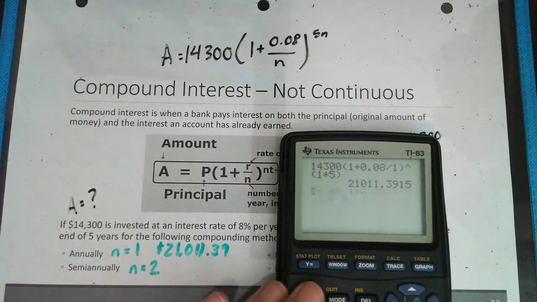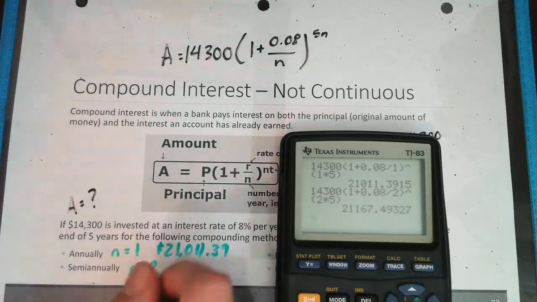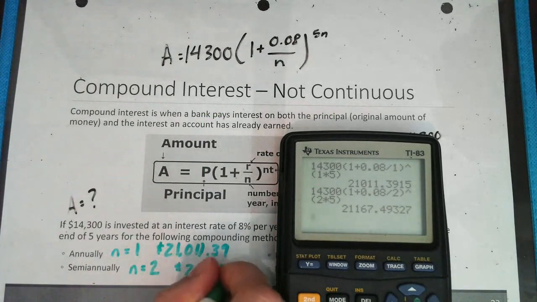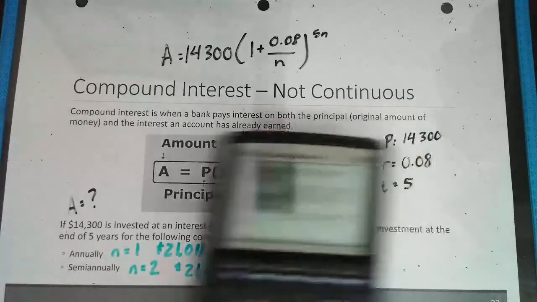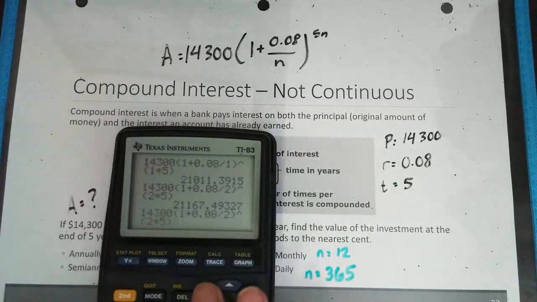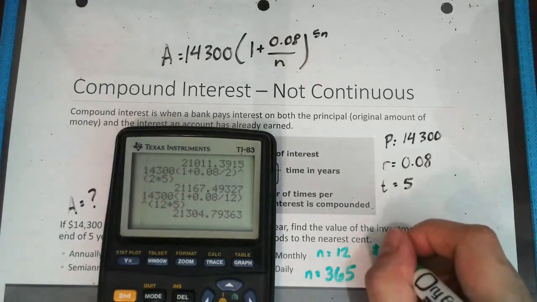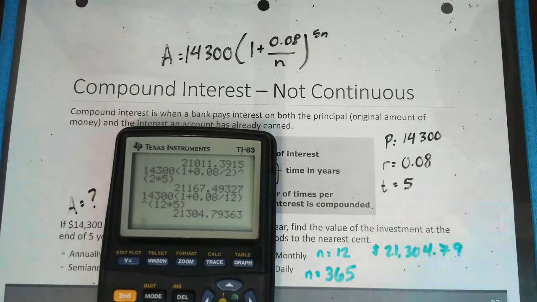I now want to type in the same thing, but my N value is now 2 because I'm doing semi-annually. That's going to give me $21,167.49. Monthly, I need to switch out my N value for 12. And that's going to give me $21,304.79.